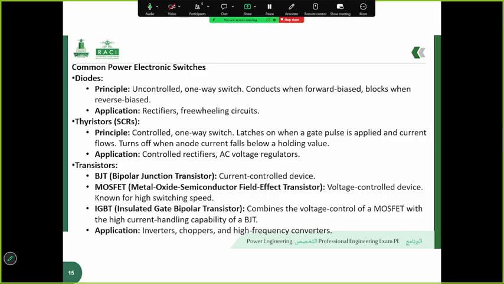The IGBT combines the easy gate control of the MOSFET with the high current capability of the BJT, making it highly suitable for high power applications. These transistor devices are extensively used in inverters, DC choppers, motor drives, and high frequency power converters.